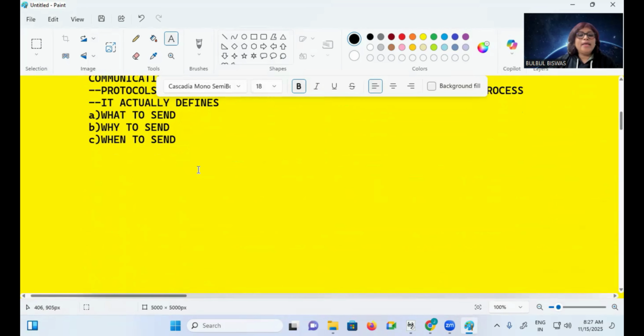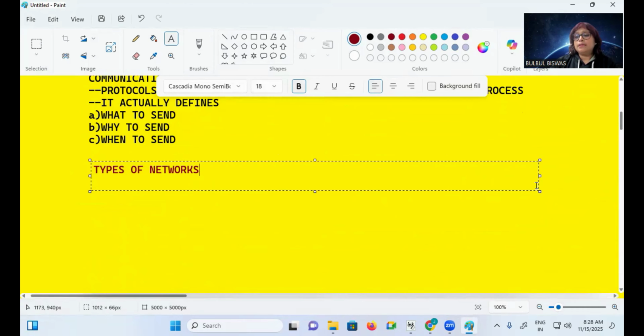Now, today we will see one more thing about networks: what the types of network are. Types of network can be categorized in several ways.